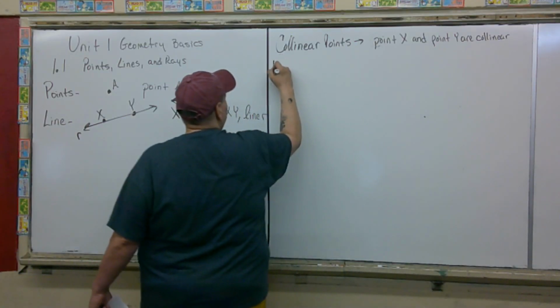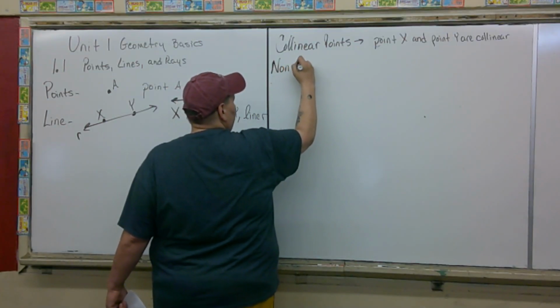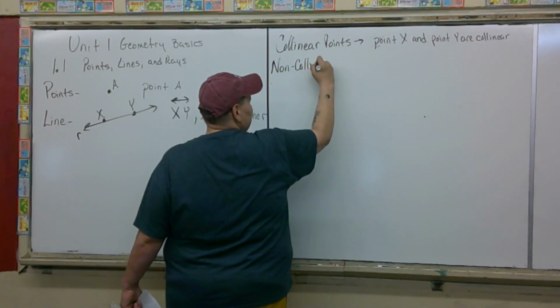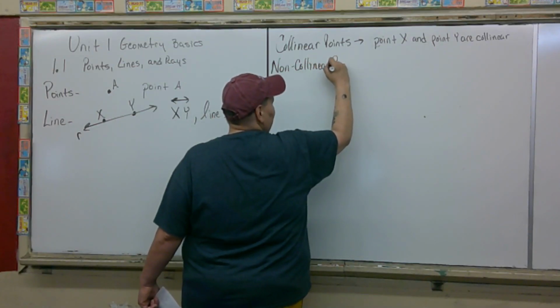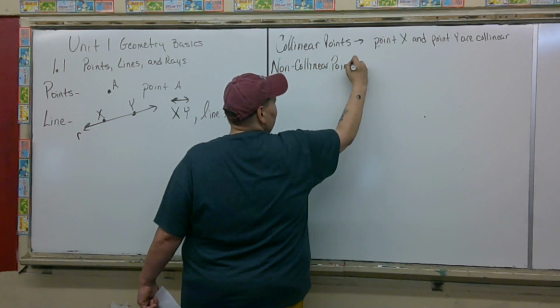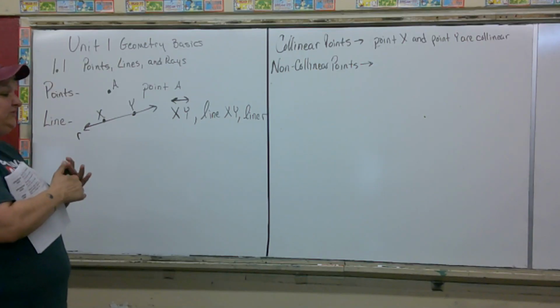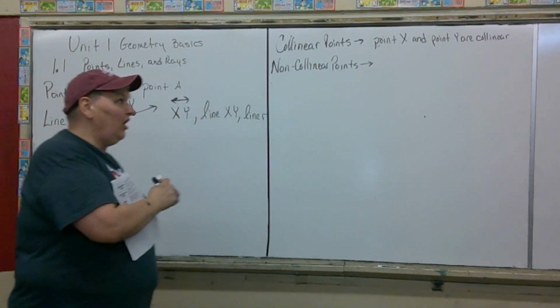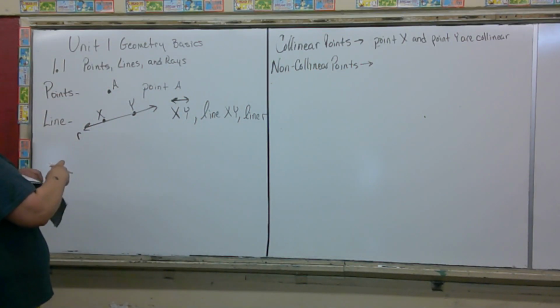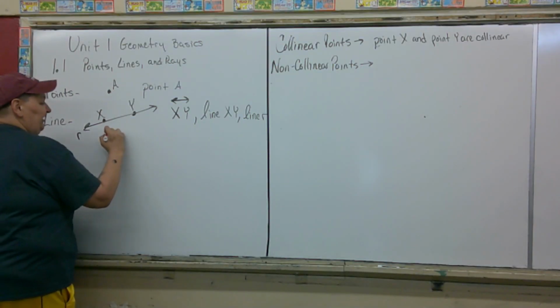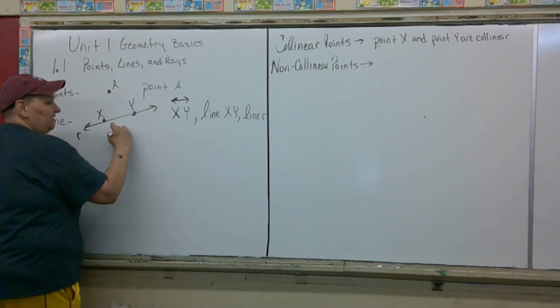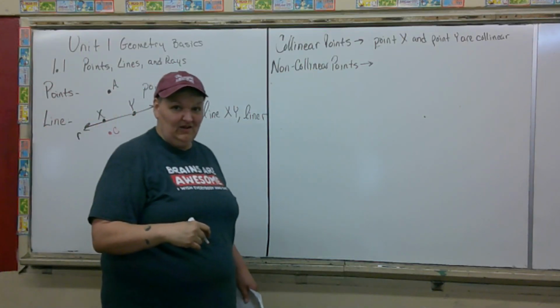There are also non-collinear points. And it is exactly what you think it is. If it is a non-collinear point, then it is a point not on the same line.